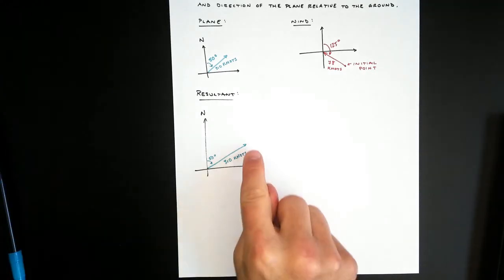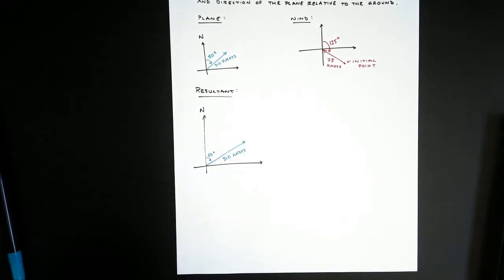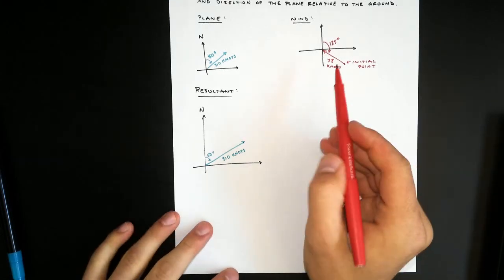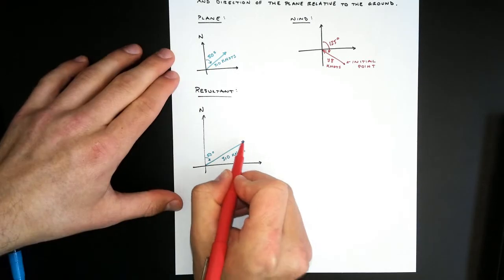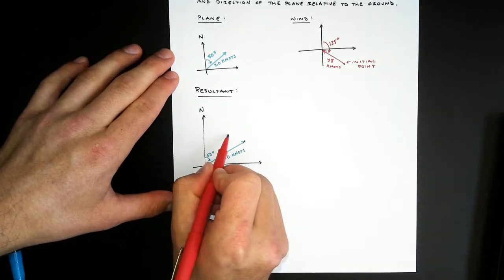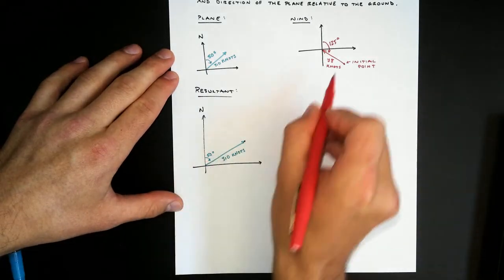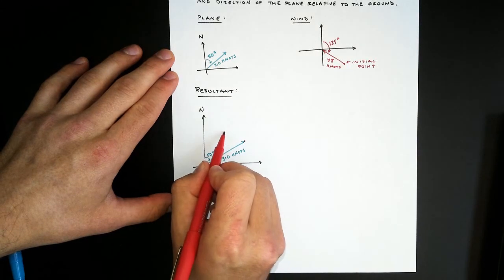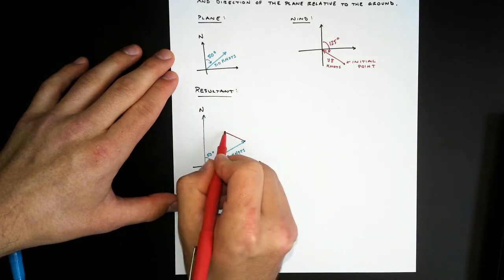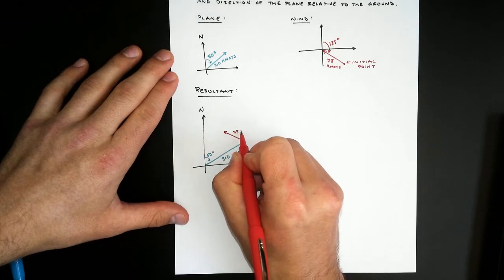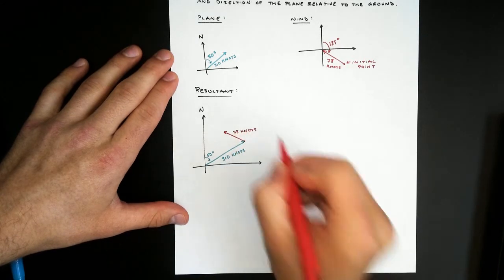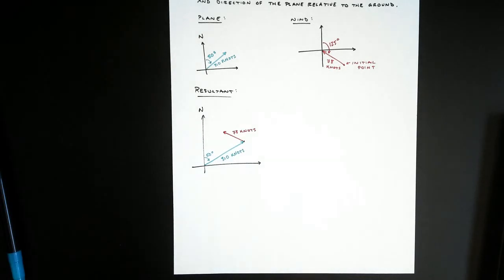And then from where that vector stops, we'll start our wind vector. So starting from here, then our wind vector, just trying to keep it somewhat parallel, like this. This has magnitude of 78 knots. Okay.